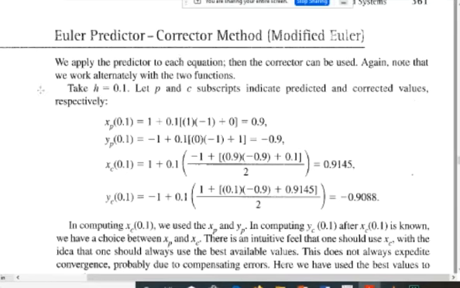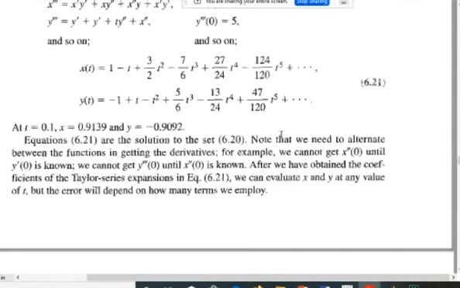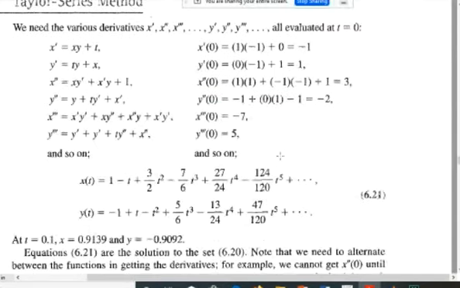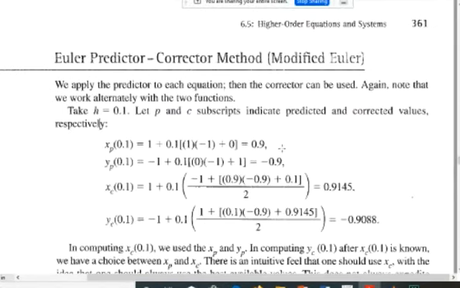The predicted value of x at the next step or 4.1 equals 1 plus, we use this system of equation.